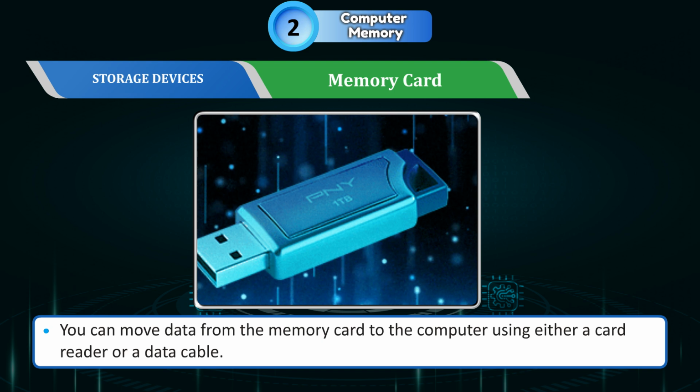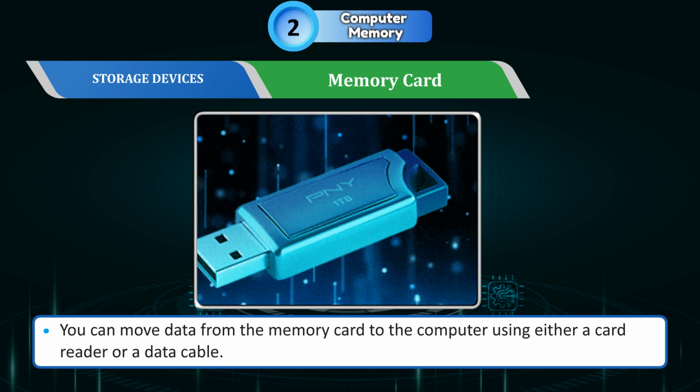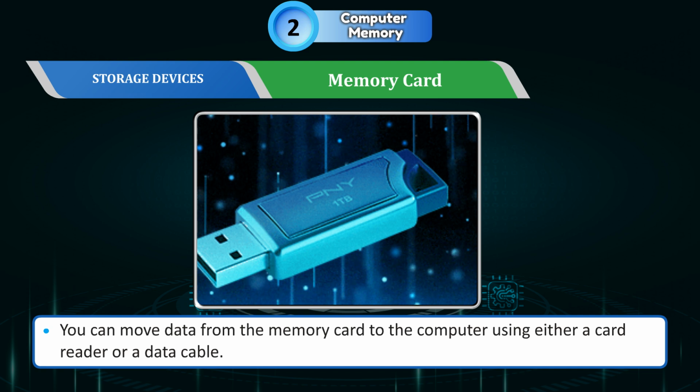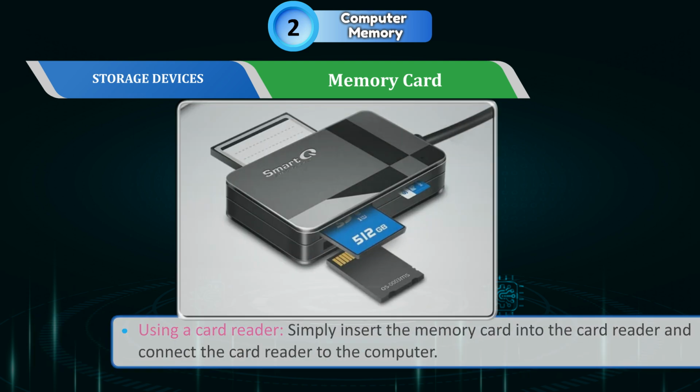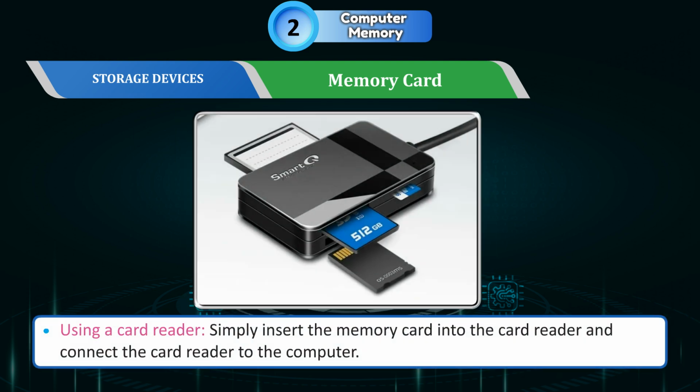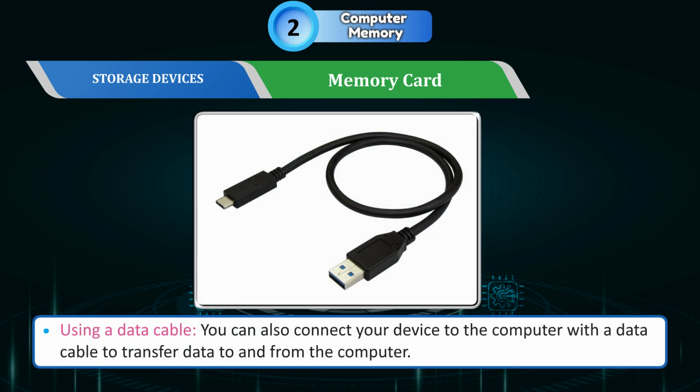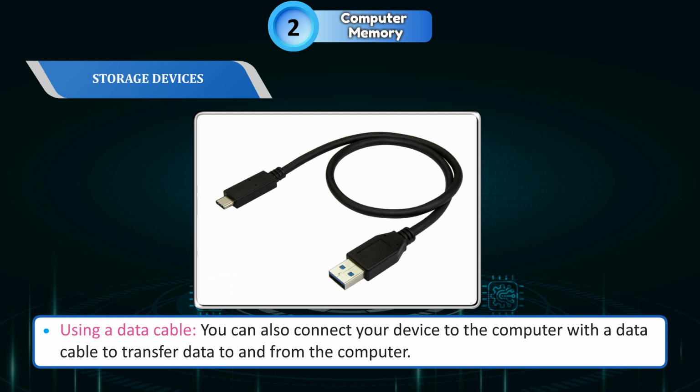You can move data from the memory card to the computer using either a card reader or a data cable. Using a card reader, simply insert the memory card into the card reader and connect the card reader to the computer. Using a data cable, you can connect your device to the computer to transfer data to and from the computer.